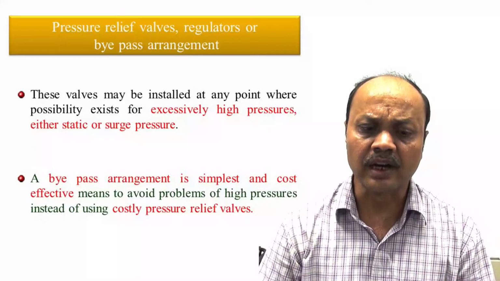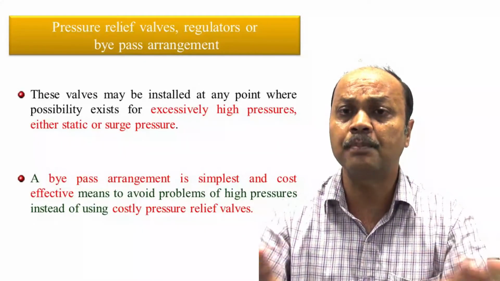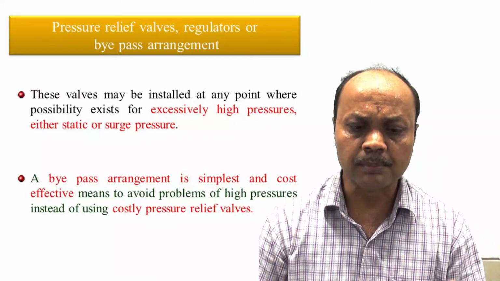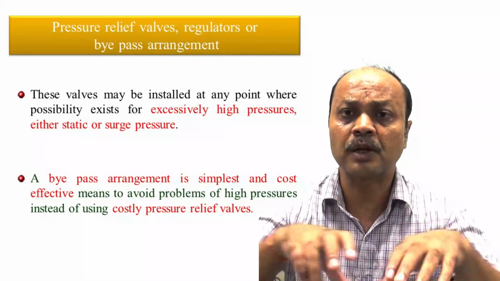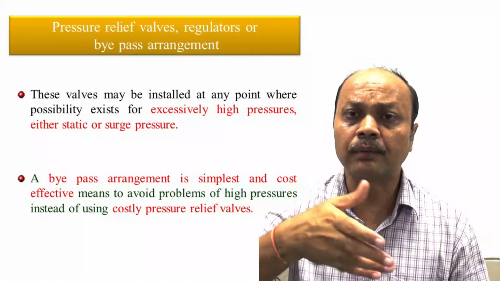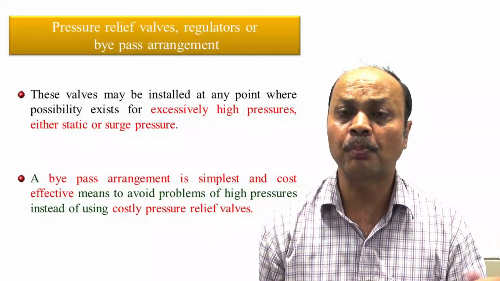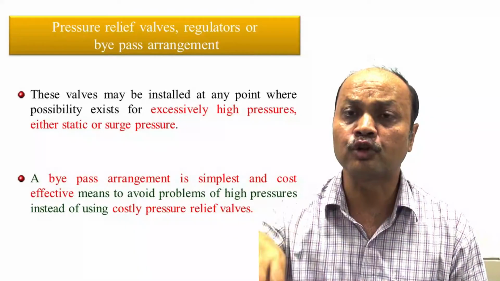In that, the pressure relief valve is there for whenever there is excessive pressure in your pipeline. Normally you use a bypass arrangement, or a pressure relief valve, whenever there is excess pressure in your pipeline due to either static or surge pressure. Suppose your pump capacity is very high, say your pump is 5 HP, and the power requirement of your system is 2 HP.